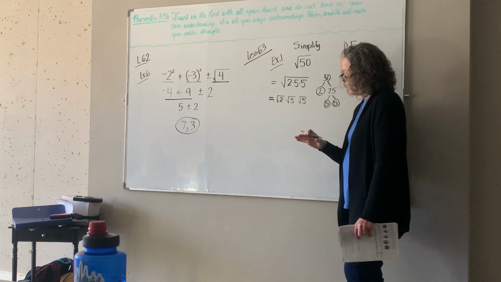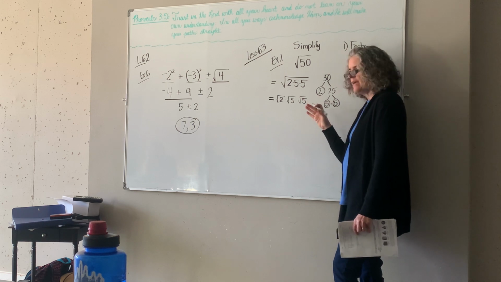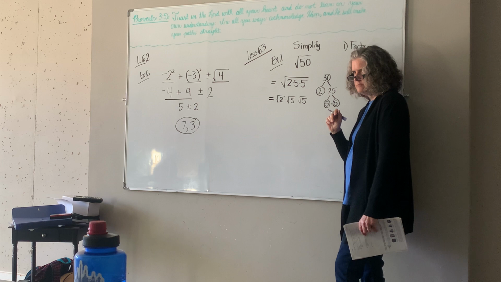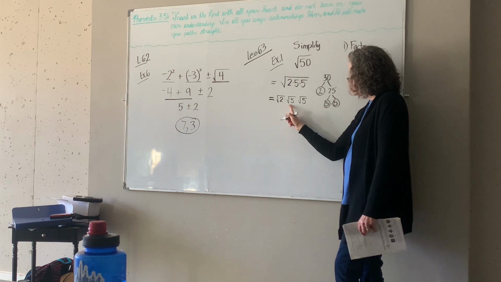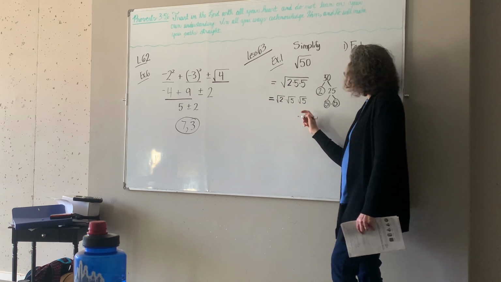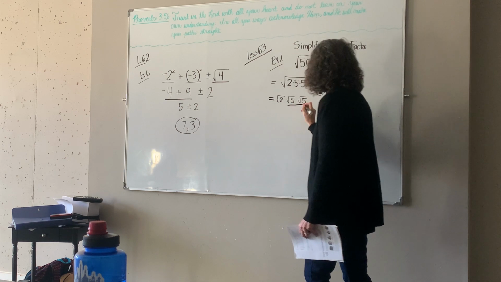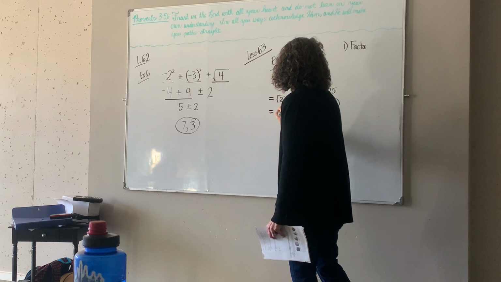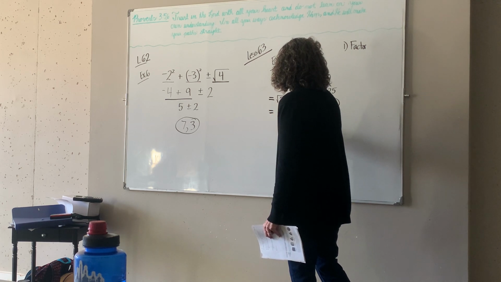If that's the case, what here can you do? What do you see here that you're like, oh, I can do that part? What's this times this? 5. Yeah. So we can do this part. The square root of 5 times the square root of 5 is just going to be 5. So this is going to be equal to 5 times the square root of 2.